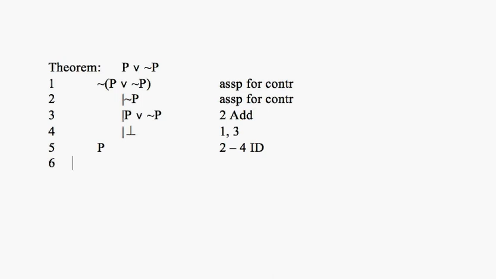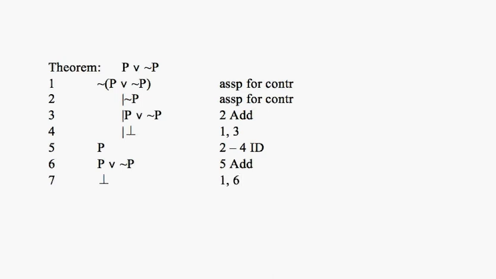So here we go around the mulberry bush. P or not P on an available line now from 5 by addition. And then notice line 1 and line 6 contradict one another. So we can write our perp symbol. The justification for it is line 1 and 6.